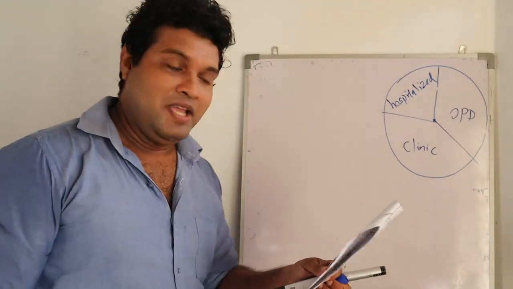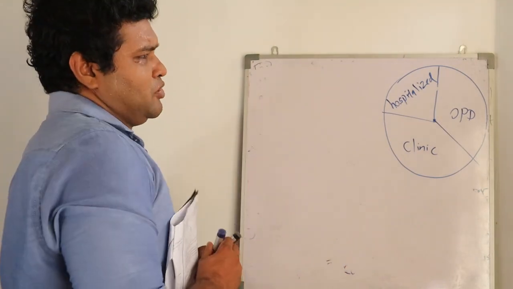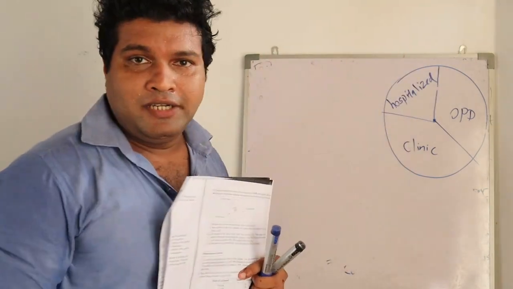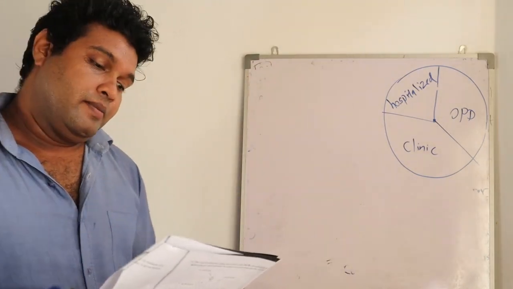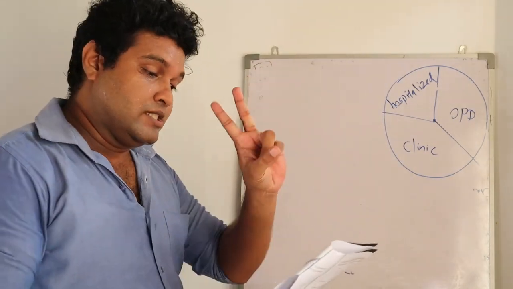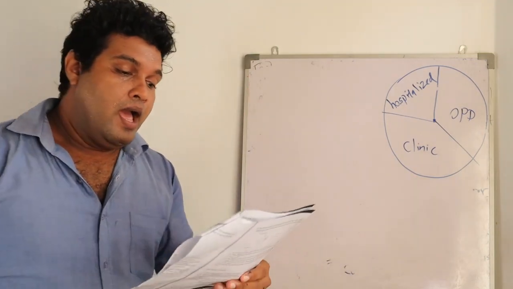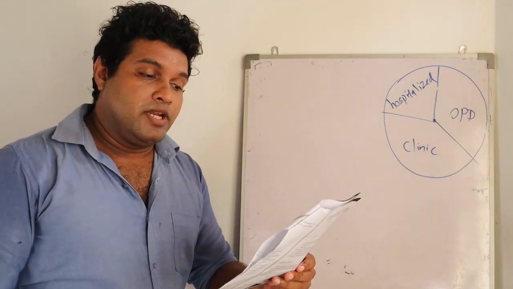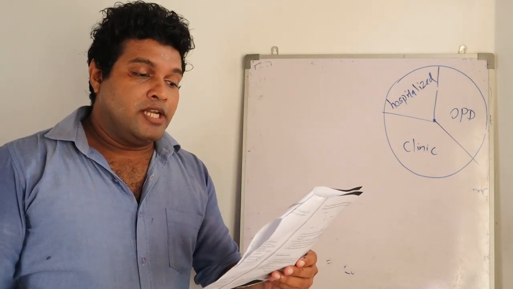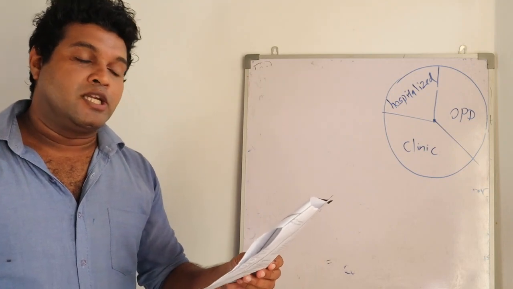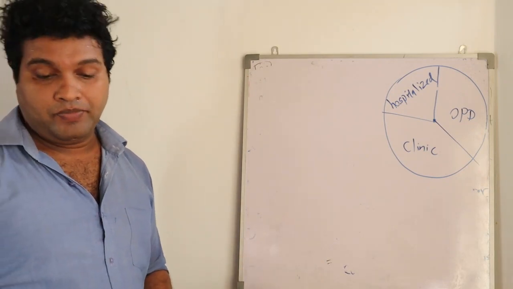Just because you saw the pie chart, you don't have an idea, and me too. We have to read. At the top of question number 2: the following pie chart illustrates the information on the number of patients who received treatment from the different units of the hospital on a certain day.